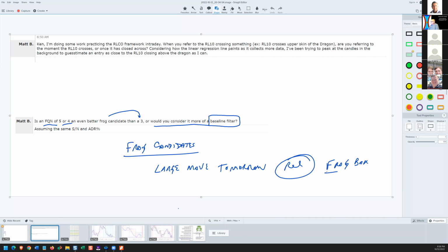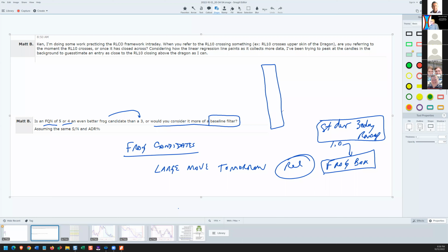Now, when I say the frog box, we're talking about in Frog 1.0, the frog box itself, which is the standard deviation of the 30-day range. It's sort of a measure of volatility. What we want is a large intraday move that would have a number of frog boxes.